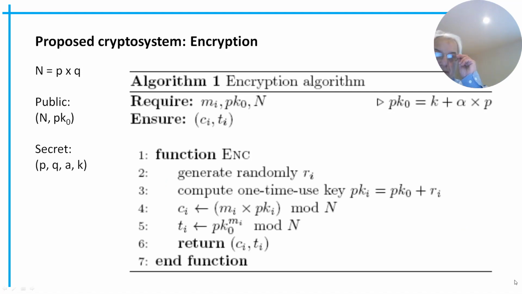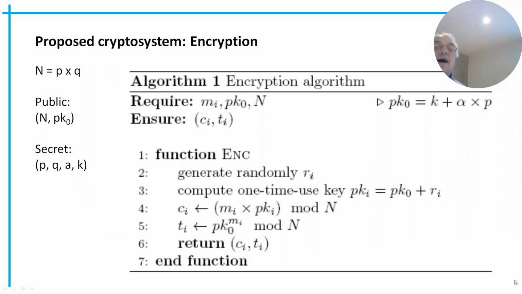This is the algorithm of the encryption. P and Q, we consider them very large prime numbers, and we use residue arithmetic. The sender that encrypts the message Mi generates randomly Ri for each Mi and computes PK, the public key.